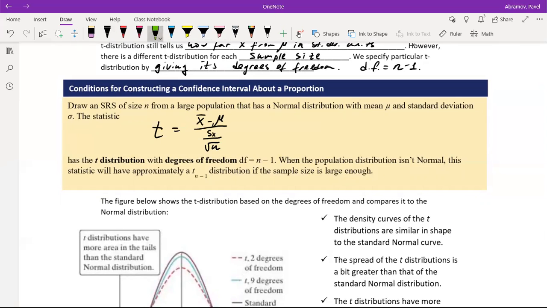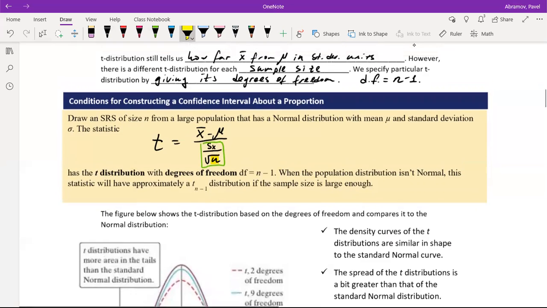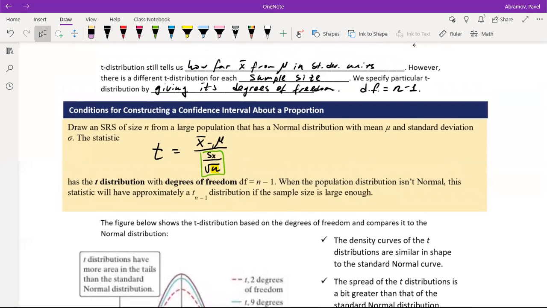So once again, notice that the standard deviation by which we divide depends on the sample size n, and because it depends on the sample size n, we have a different distribution for every different statistic. Therefore, that's why we have to use these degrees of freedom.